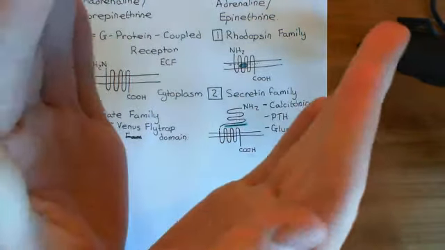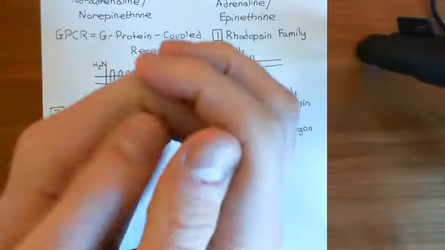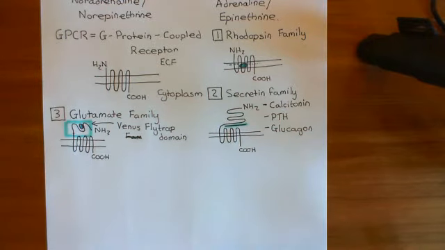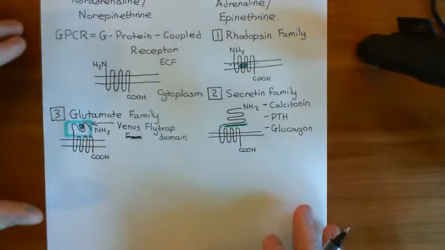Basically it starts off open, and then when the ligand comes in, it closes around it. And that's the sort of domain that all of these glutamate family G protein coupled receptors have in their amino terminal domain.